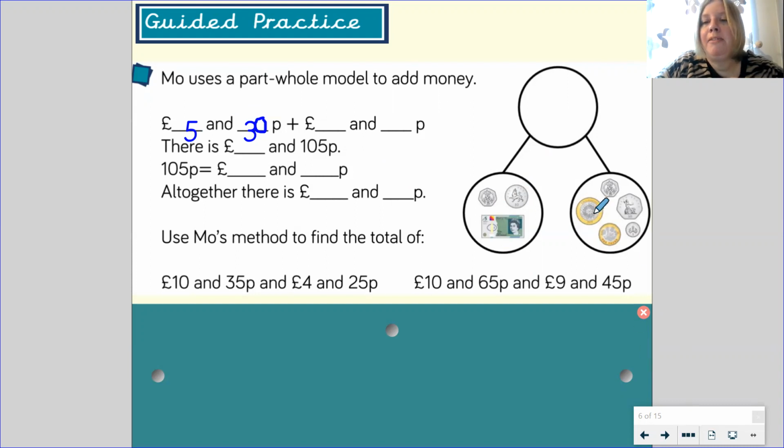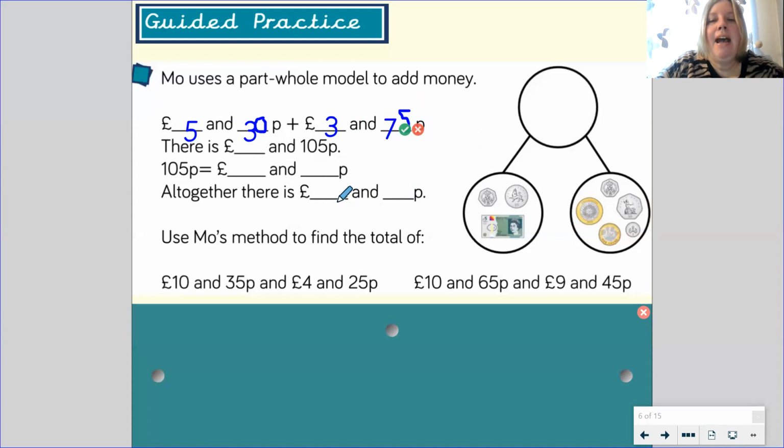He's got a £2 coin and a £1 coin, which gives us £3. And then let's see how many pence he has. He has a 20p, a 50p, and a 5p. If we add this together, he has 75p. So I write my 75p here.